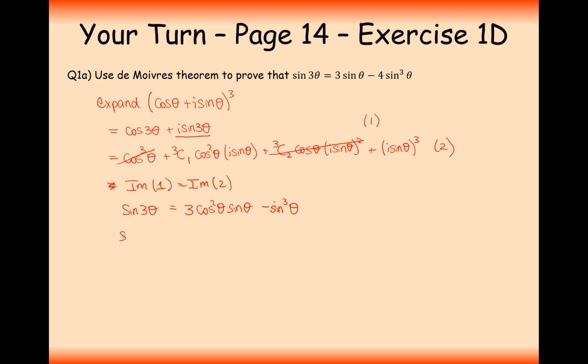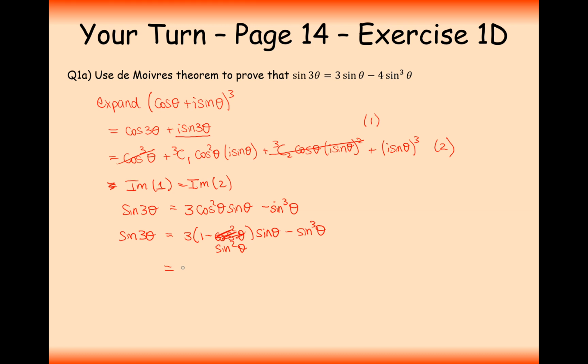The only thing we need to now do is turn this cos^2 into a sin^2 by rewriting it as 1 minus sin^2 theta, times sin theta, minus sin^3 theta.